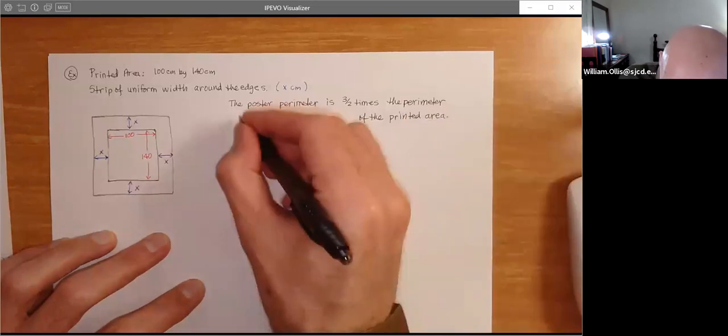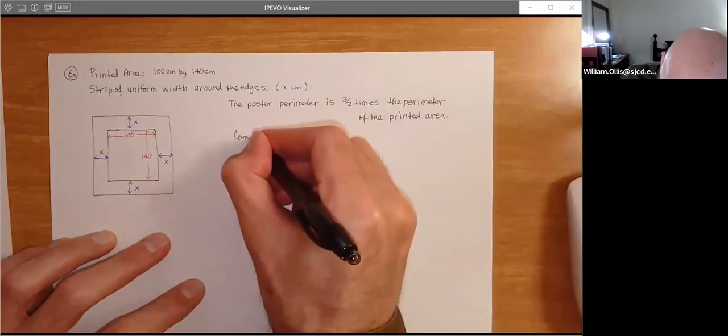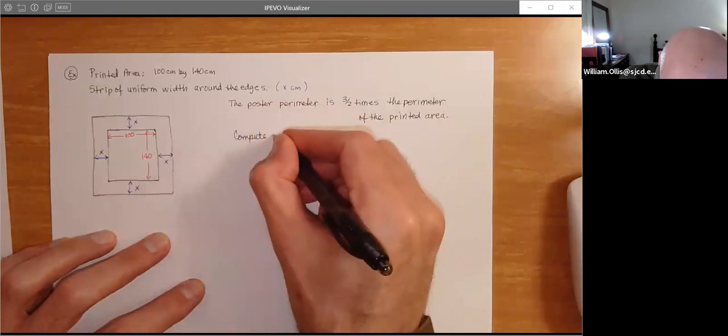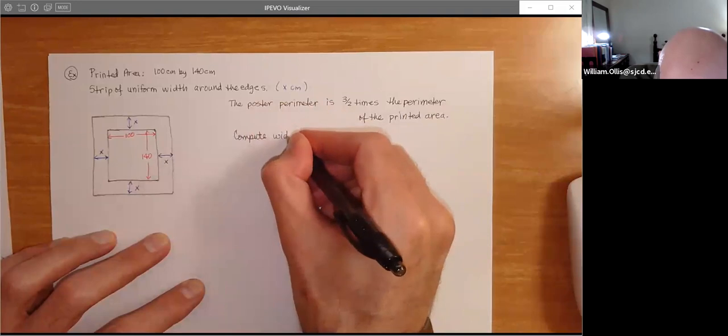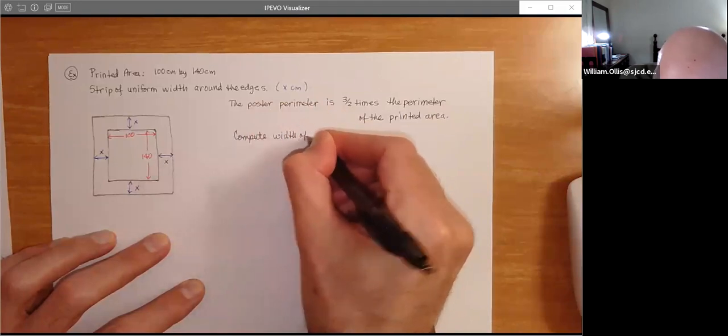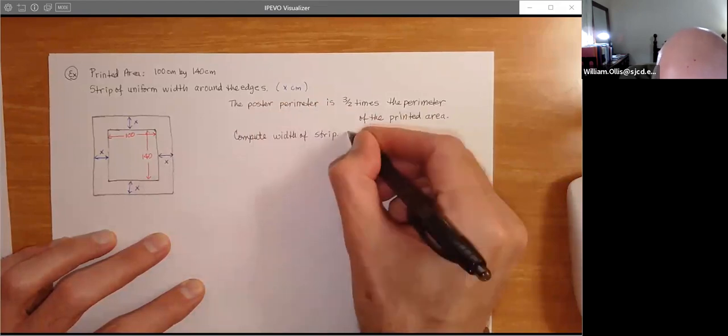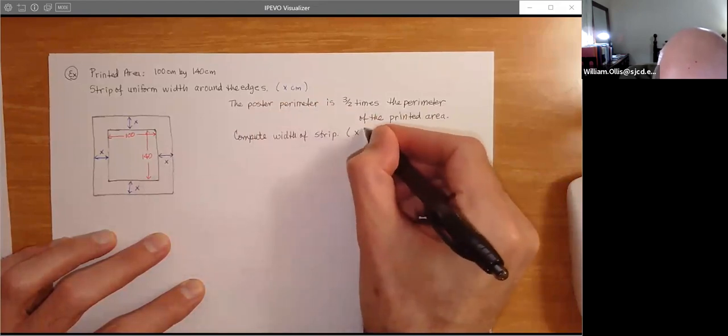And so what we want to do is compute the width of strip. That's what we want to compute, the X here.